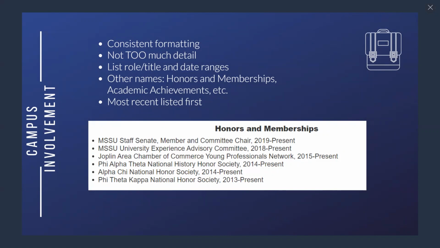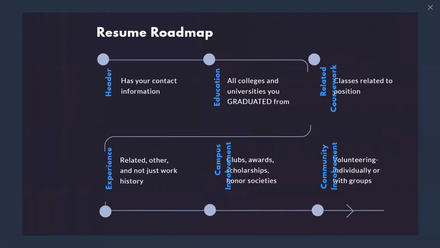We don't need to say exactly what we did as a member of one of these committees. We just say that we were a member of one of these committees. That's where the interview is going to come into play. Because remember, this document is not all encompassing or comprehensive. It's only a little nugget of information, and then you go into more detail within your interview. So consistency, but not too much detail.